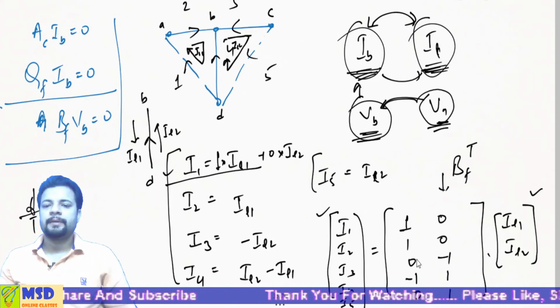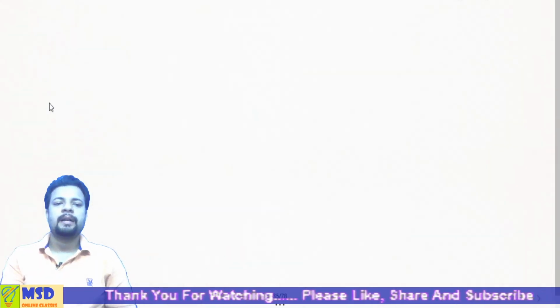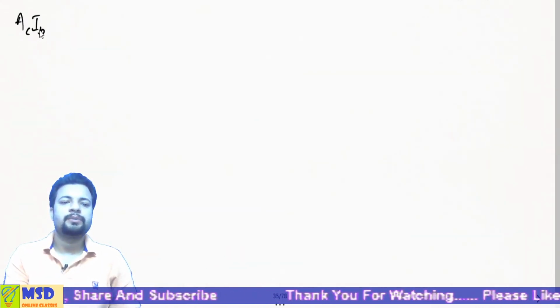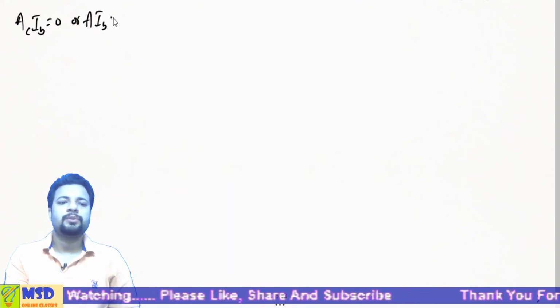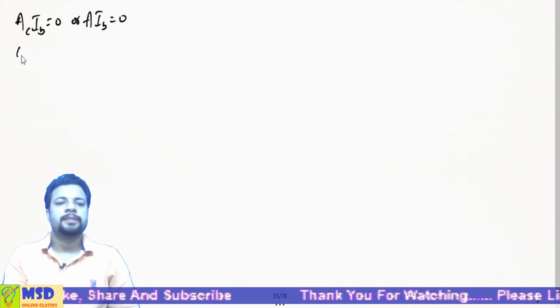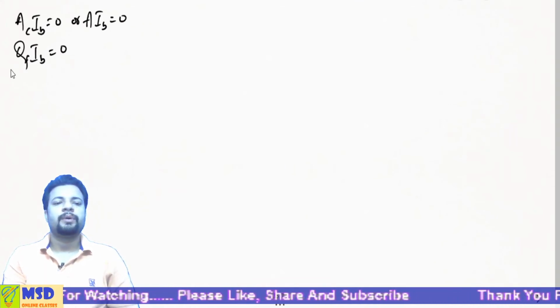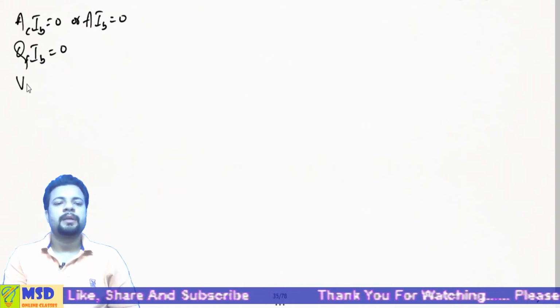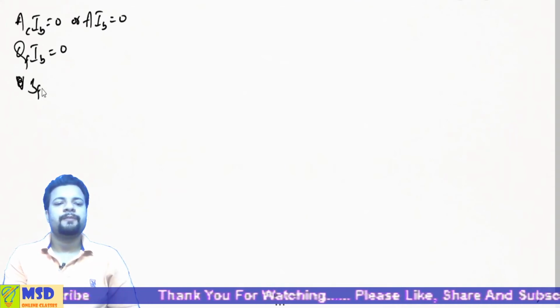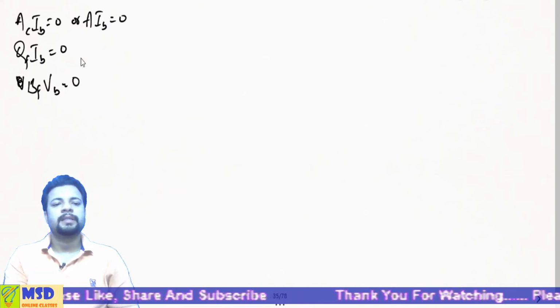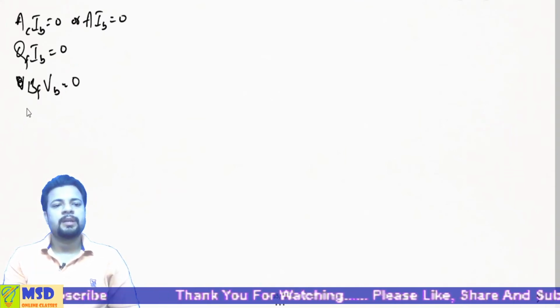So we'll add one more relation here. The first relation was A_C into IB is equal to 0, or A into IB is equal to 0. The second relation was Q_F into IB is equal to 0. Then B_F into VB is equal to 0. This is KCL and KVL in graph theory.